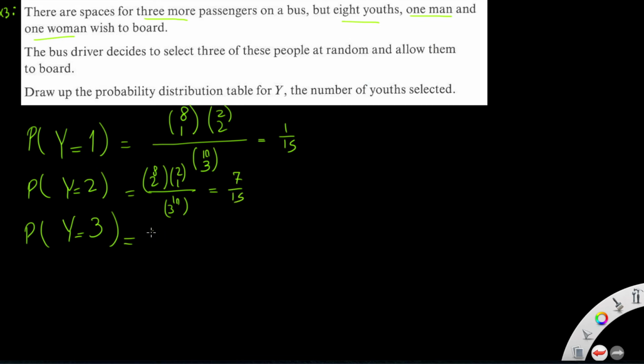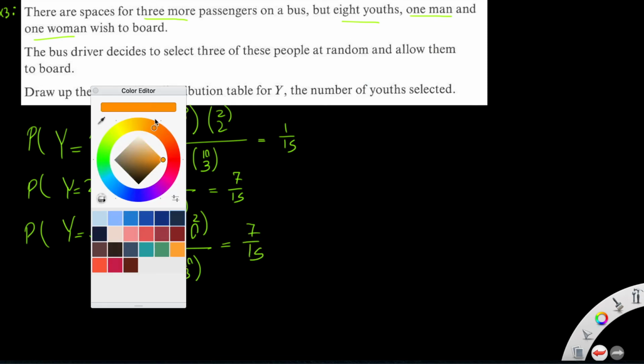And the last one, you're selecting 3 out of these 8 youth, then 0 from those 2, man and woman, over the combination of 10 and 3, which is 7 over 15.